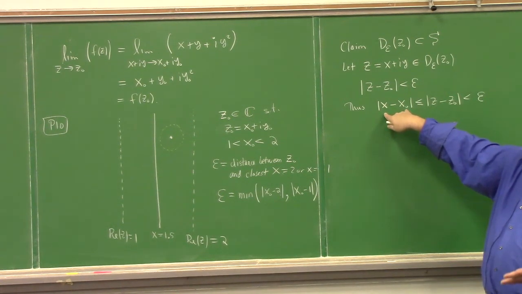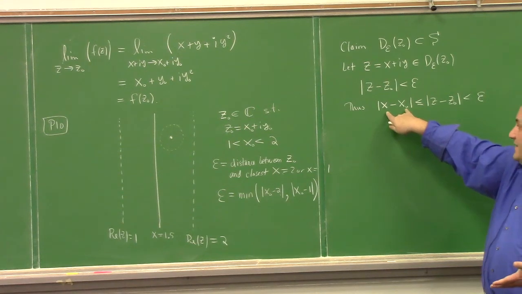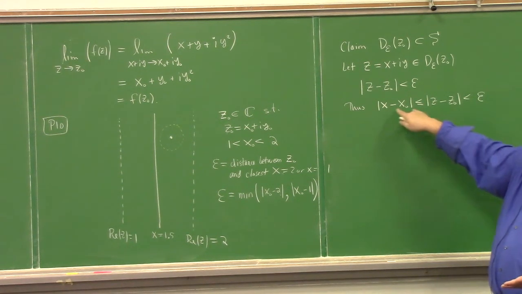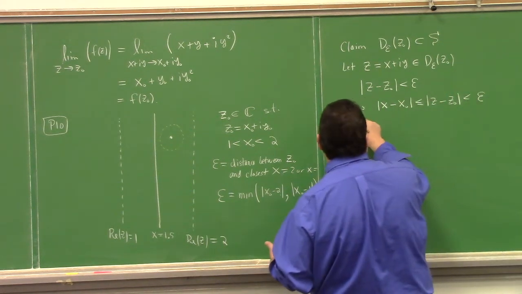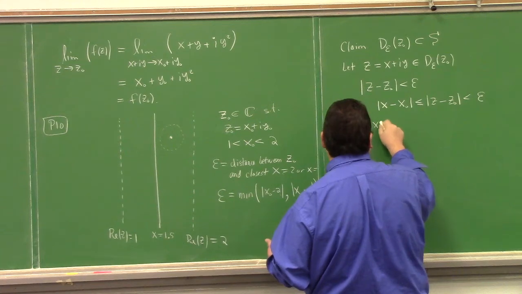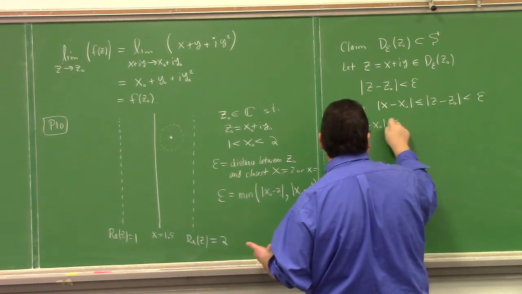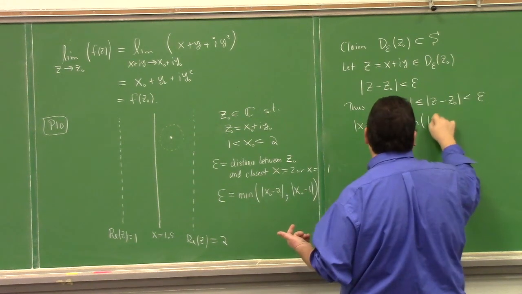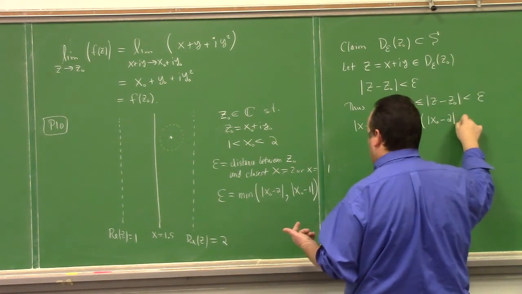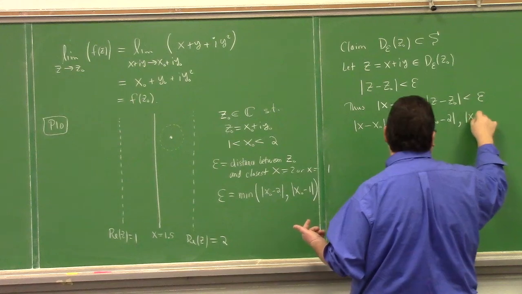So the length of the real part of z minus z naught, which by the way is x minus x naught, has to be less than or equal to the modulus of z minus z naught. But we know that's less than epsilon by construction, right? So then what? So this gives you that the absolute value of x minus x naught is less than the minimum of the absolute value of x naught minus 2, comma, x naught minus 1.